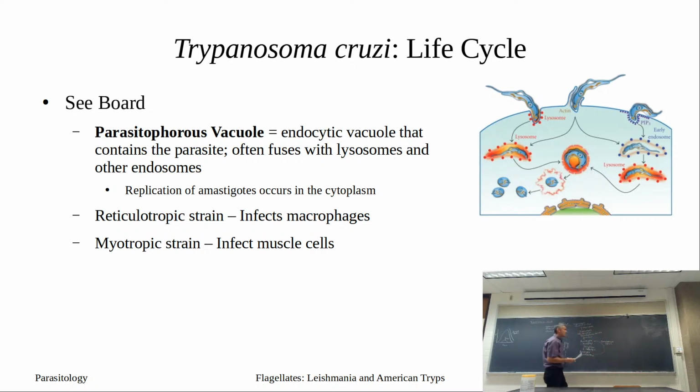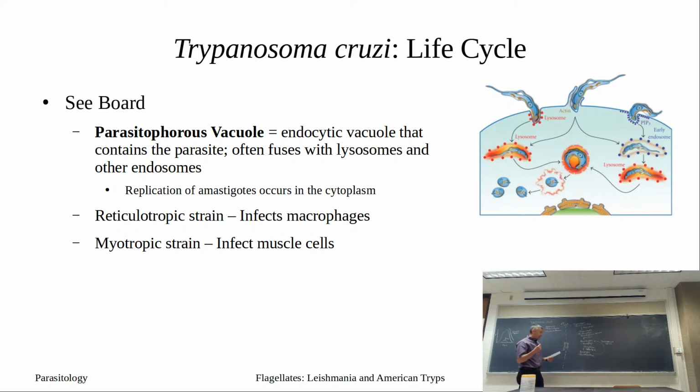And we'll call that our reticulotropic strain. So other macrophages come around, they pick it up, they internalize it. We're already the amastigote stage, so we don't have to transform, and it continues. Binary fission, cellular lysis, replicates, and so forth.